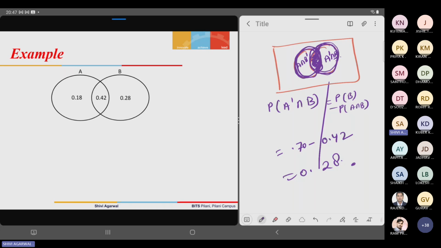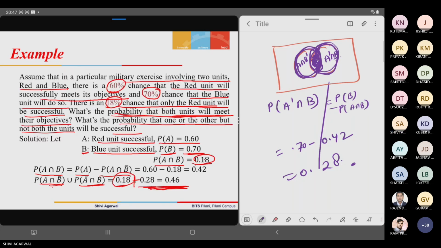Yes, complement means excluding. Complement is excluded.